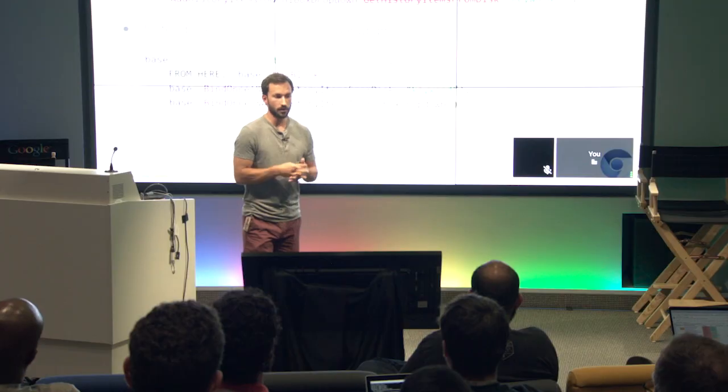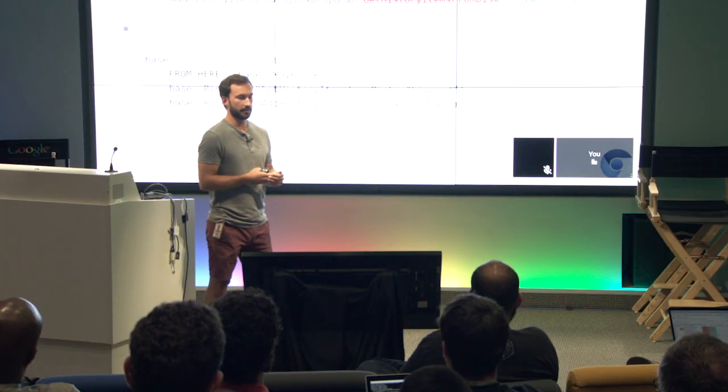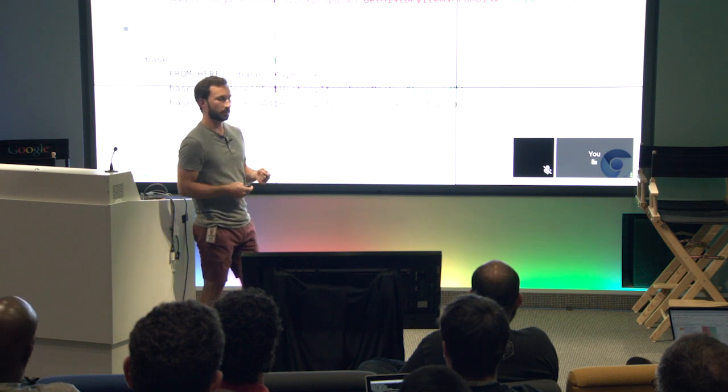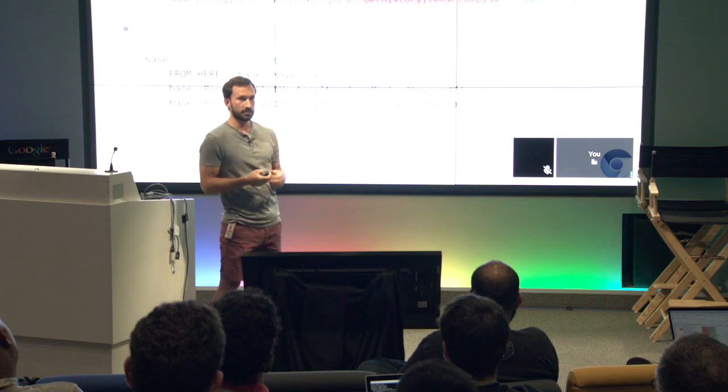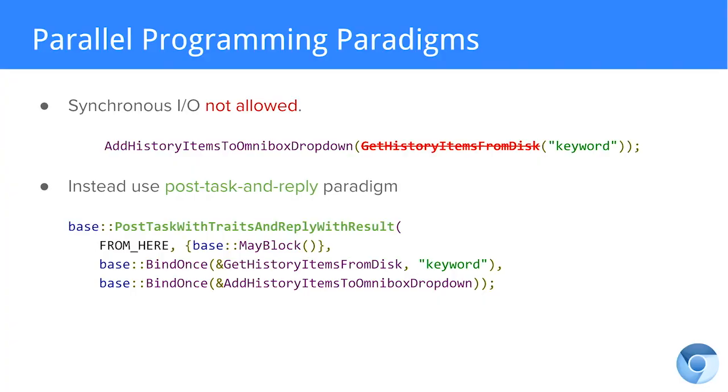Again, synchronous I/O is not allowed, so you couldn't do something like, if you're on the main thread, someone's typing in the Omnibox, and you want to add history items to the Omnibox dropdown, get history items from disk synchronously. So instead, what we do in Chrome is we have the post task and reply paradigm all over the place.